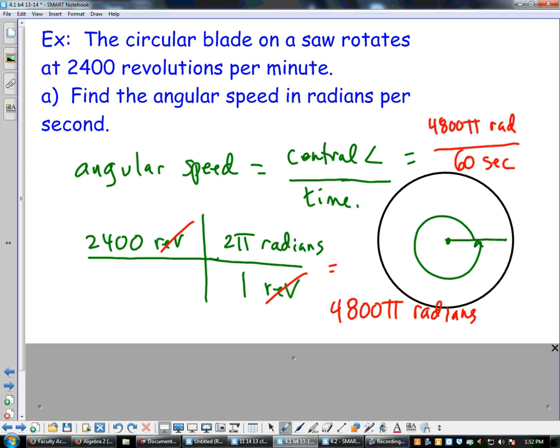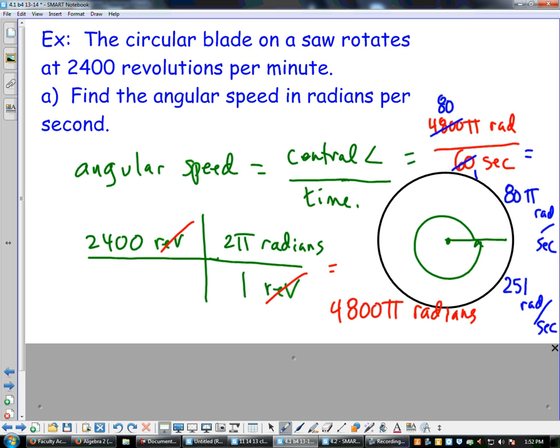And so we get, 60 goes into 4,800 at 80. So I get 80 pi radians per second. And what would that be as a decimal? 251 radians per second.